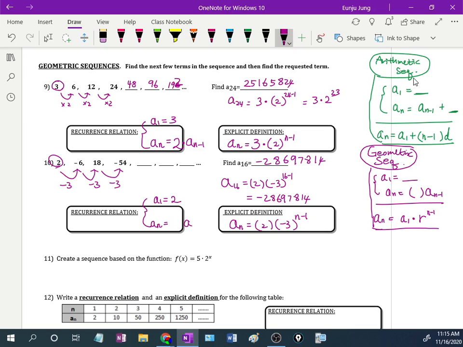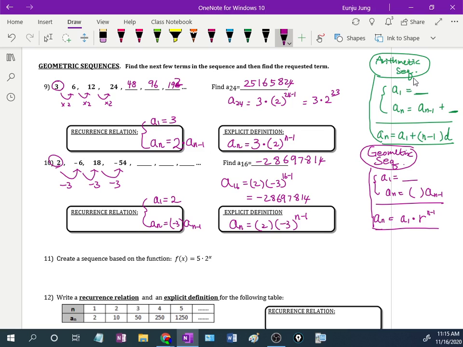Previous term notation is a_(n-1), so we subtract index 1 from n, and that means the previous term. And on the previous term, what do we multiply? -3. So I'm going to multiply -3 on that sequence, okay? So this is how we write the recurrence or recursive form for the sequence.